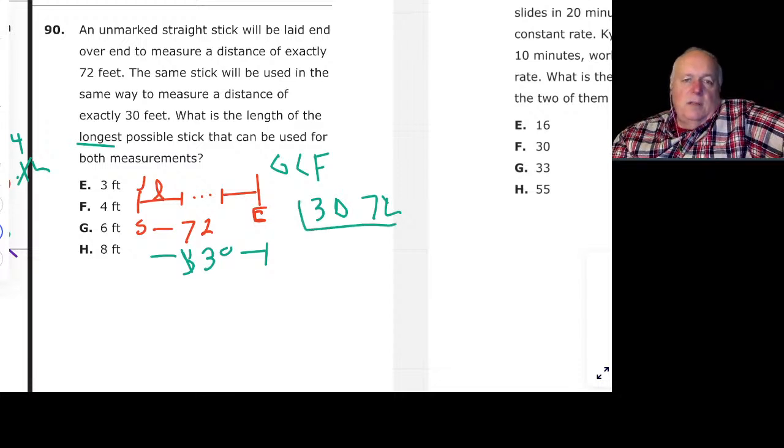So basically, the smallest prime I can think of would be 2. So I'll put 2 here. 2 goes into 30 15 times. And 2 goes into 72 36 times.